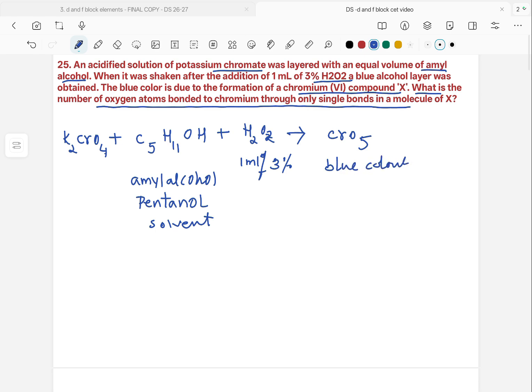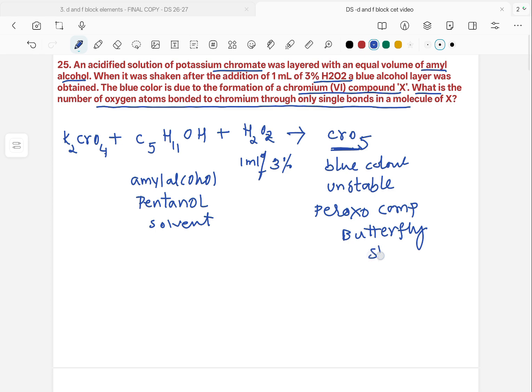And this is an unstable compound. It is a peroxo compound. This chromium pentoxide will have a butterfly structure. It is this way.